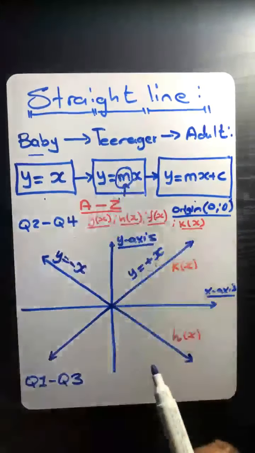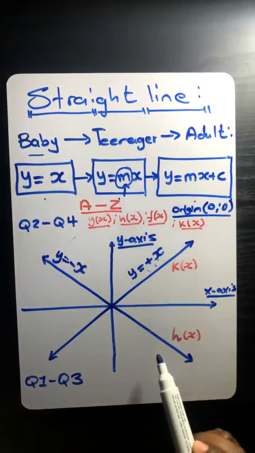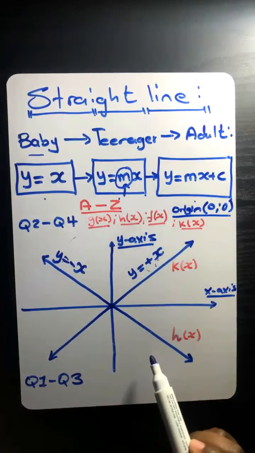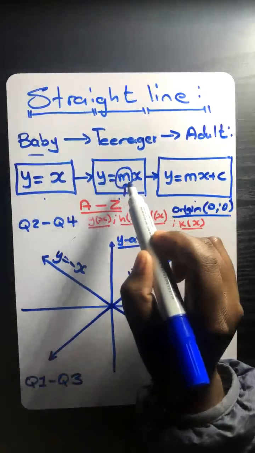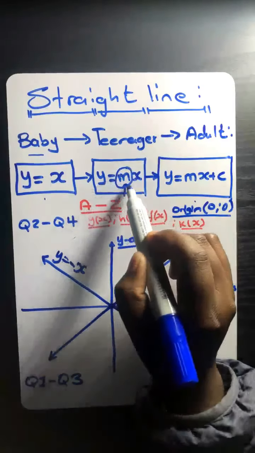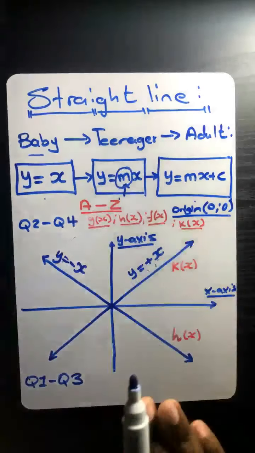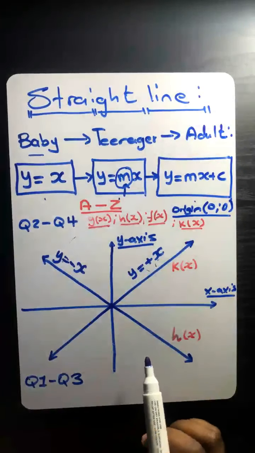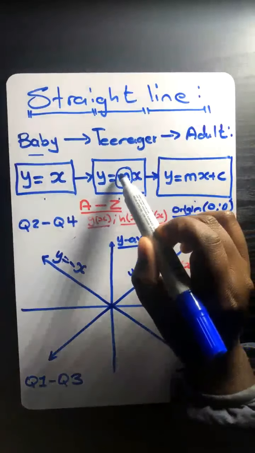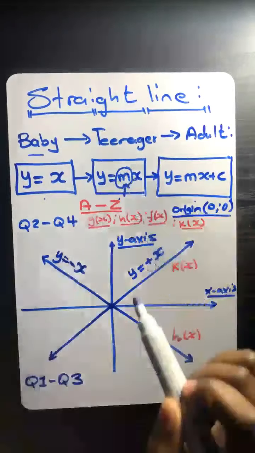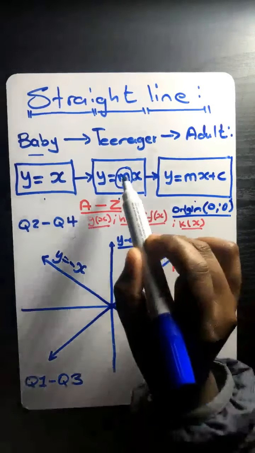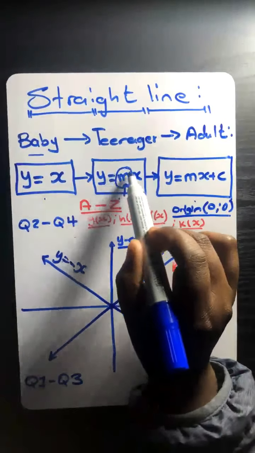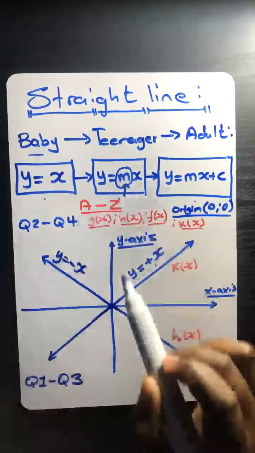This is what we call the gradient or the slope. So the bigger the slope or the bigger the gradient, the steeper the line. So if we have a bigger value there, not necessarily in terms of the sign, but let's say the gradient is now 2.